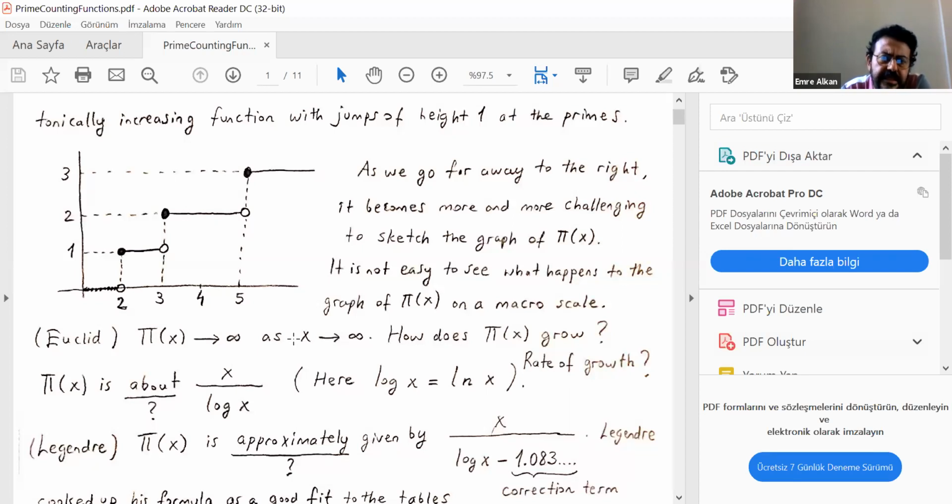So that's why this was overshadowed by developments like that. Even in number theory, until the 1800s and also later, I should say, number theory was only seen as mostly the study of Diophantine equations.